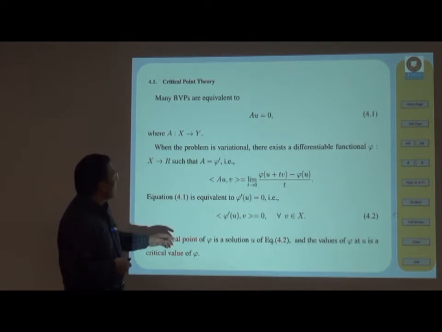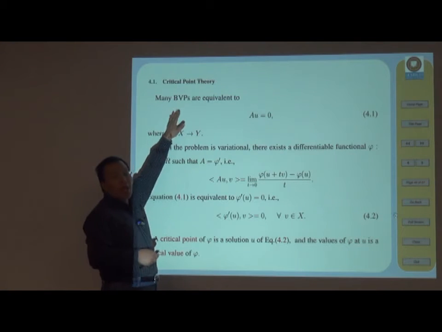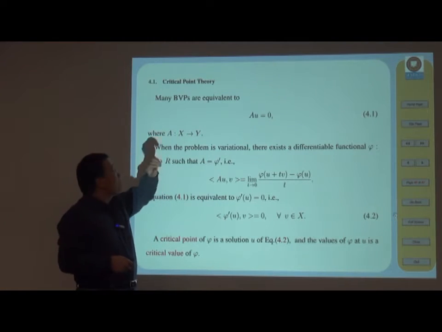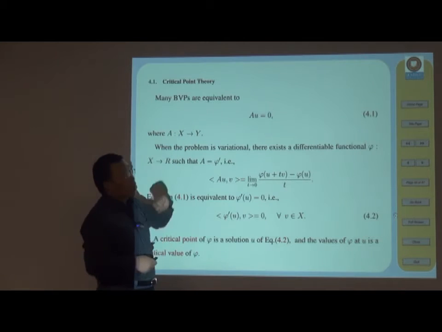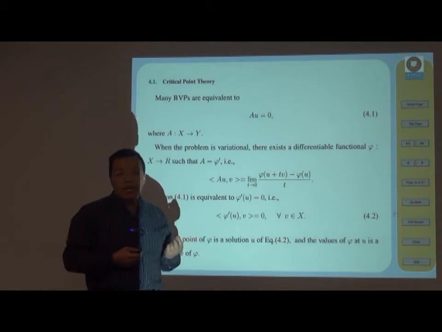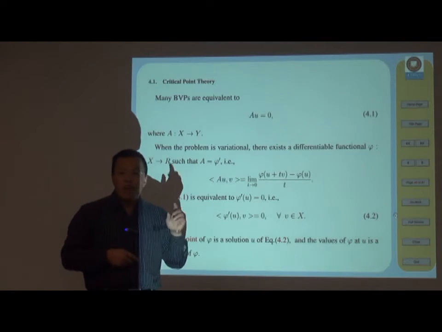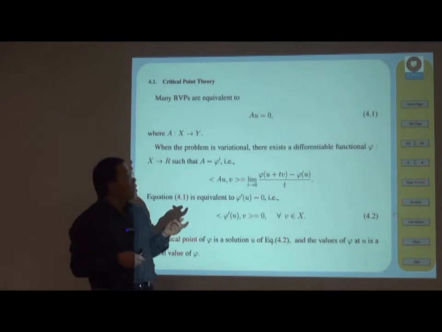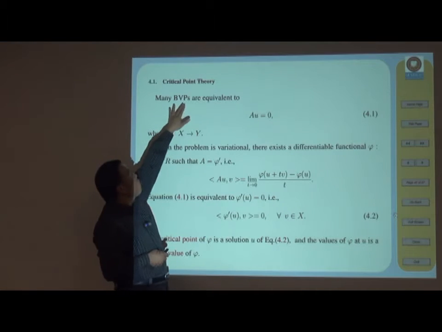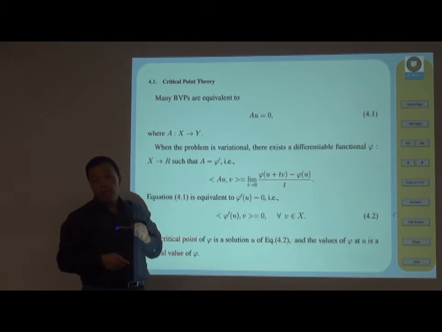Then solving the boundary value problem equals finding the fixed point of T. That is, if u equal to Tu, then u is the solution of the boundary value problem.